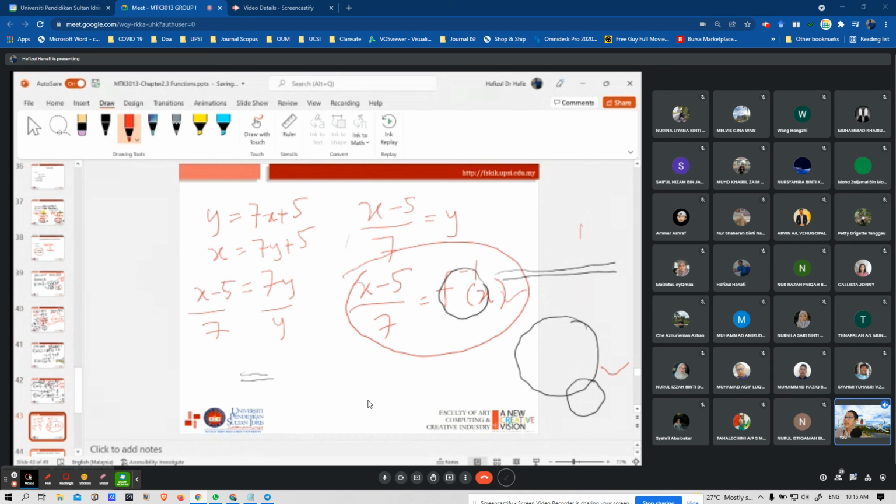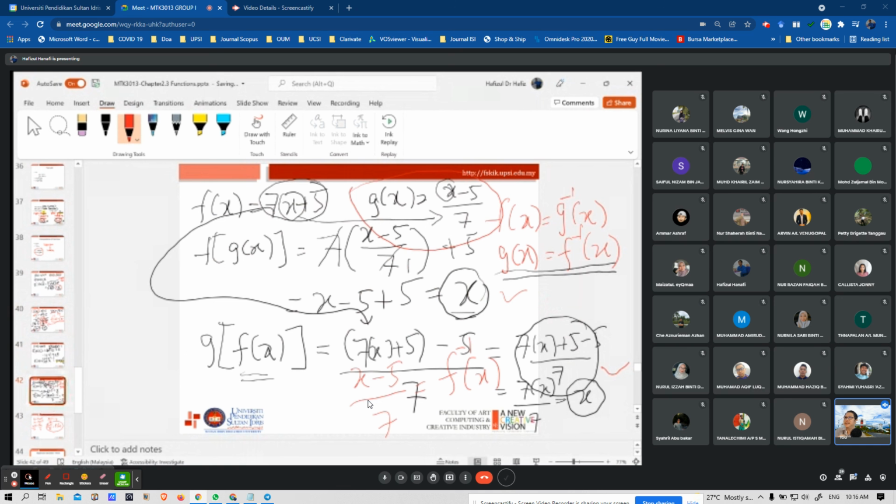Okay, another example is y equals 7x plus 5, so x equals 7y plus 5. And then if we invert this one, we can have (x minus 5) divided by 7 is equal to f inverse of x. Same with the g(x).